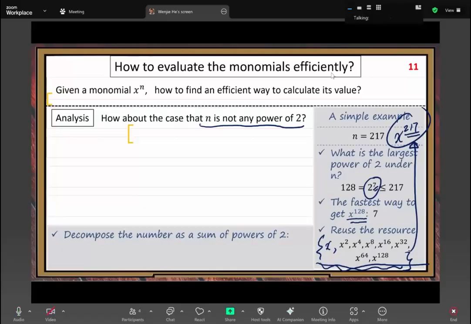217. In the first round of decomposition, we write 217 as the largest power of 2, that's 128 plus 89.